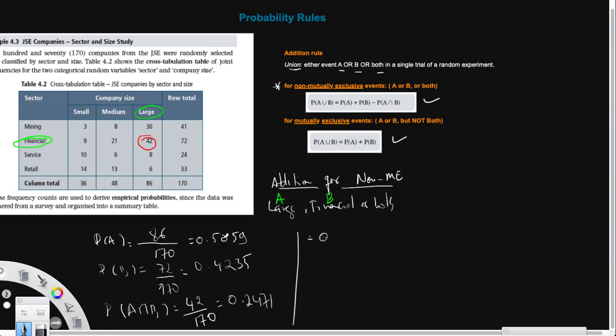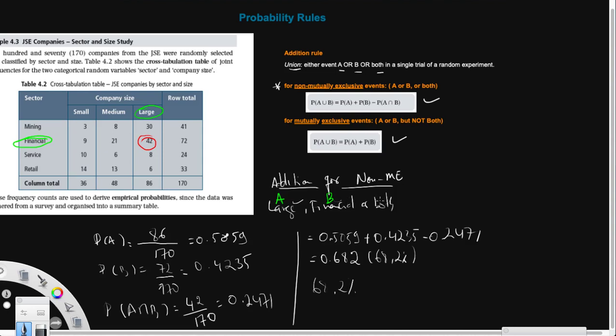So which means that you have 0.5059 plus 0.4235 minus 0.2471. And remember, the reason why we're removing the intersection is to avoid double counting. And you should get 0.682, which in percentage is 68.2%. Therefore, we have a 68.2% chance of finding a company that's either large, financial, or both.